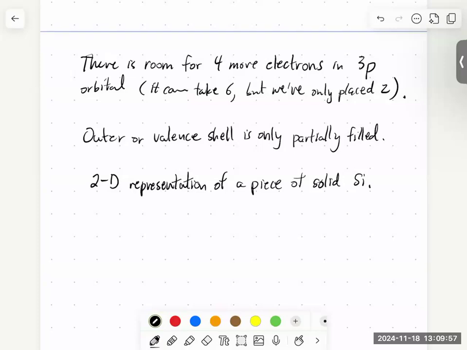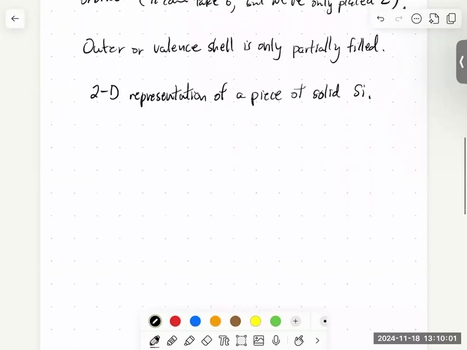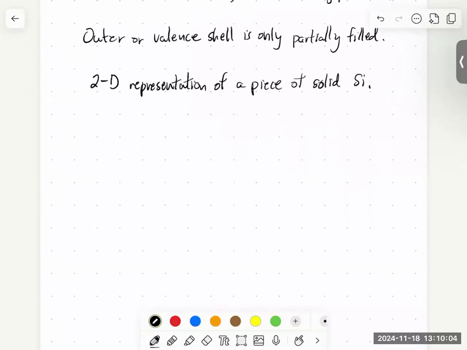And I will show you a more realistic picture of a three-dimensional piece of silicon once we've drawn some of these pictures.